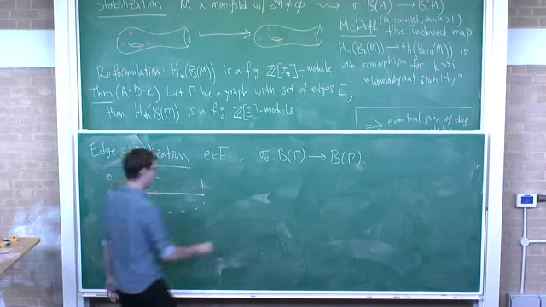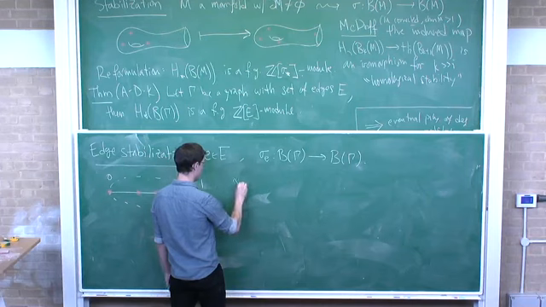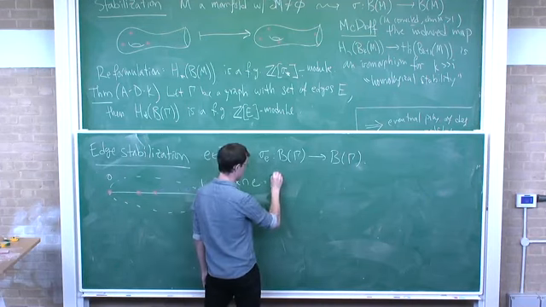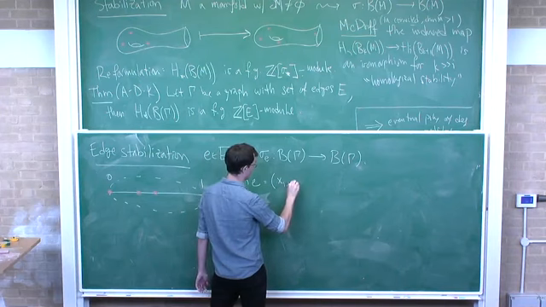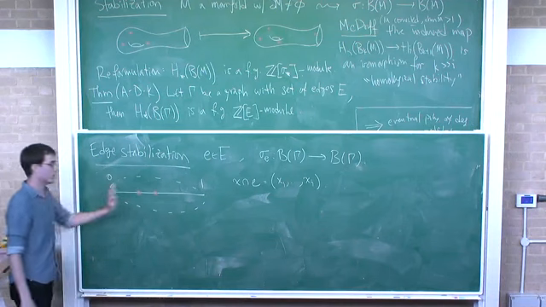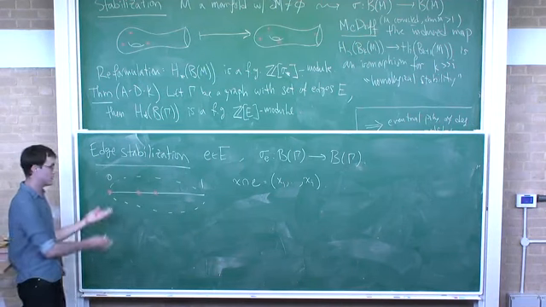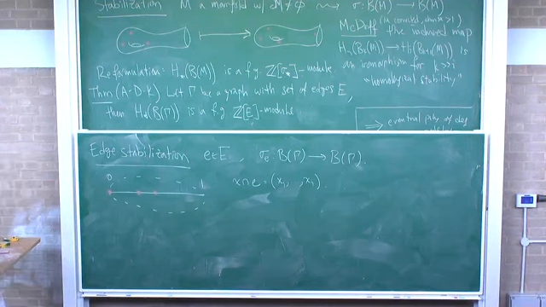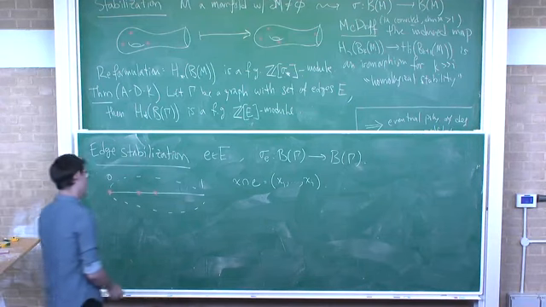So this is a picture of my configuration intersected with my edge, which looks like maybe some points x1 through xi ordered in the natural orientation of the edge, natural in the sense that I've chosen a parameterization.